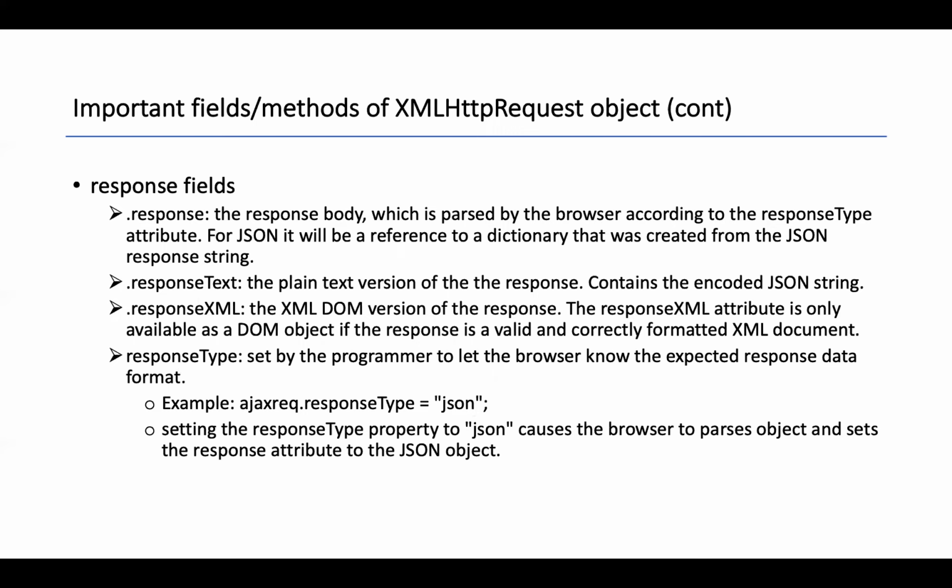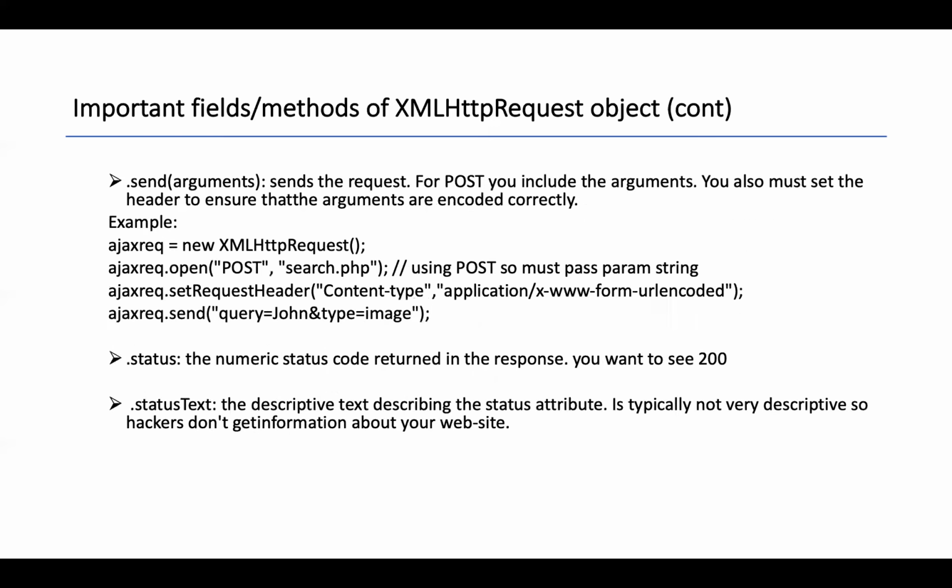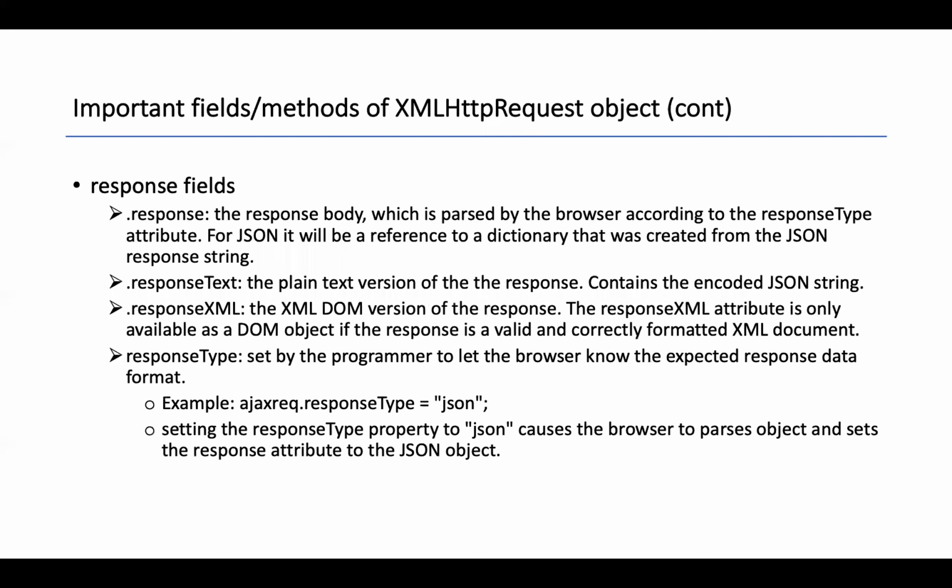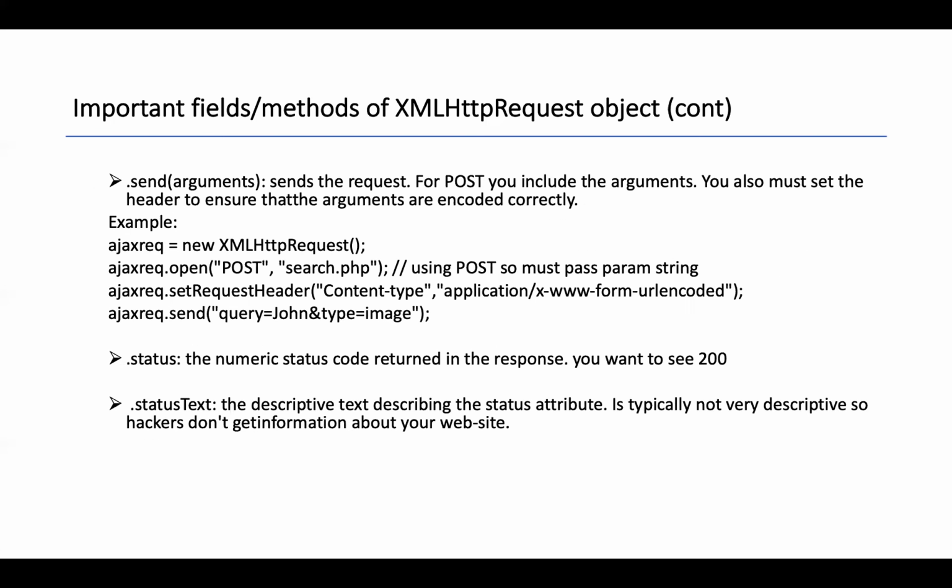So if you think it's going to come back as a JSON object, you can set the response type to JSON. In your third project assignment, you'll note that you were using json_encode to output your results from the script. The reason you were using json_encode was so that it would come back as a JSON object into the response field of the AJAX request objects you'll be creating.